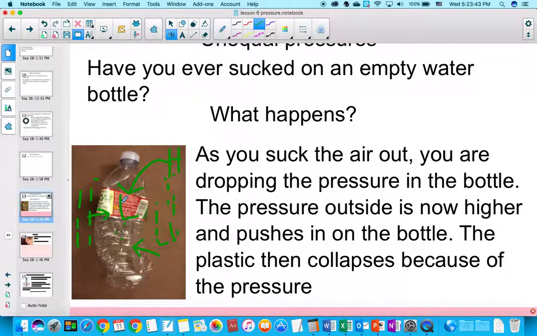There's not as much force pushing out from inside the bottle. So the pressure outside is pushing in, crushing the bottle. The air is crushing the bottle because pressure wants to move from high to low. So if you have an unequal amount of pressure, pressure is going to try and equalize by moving from high to low.